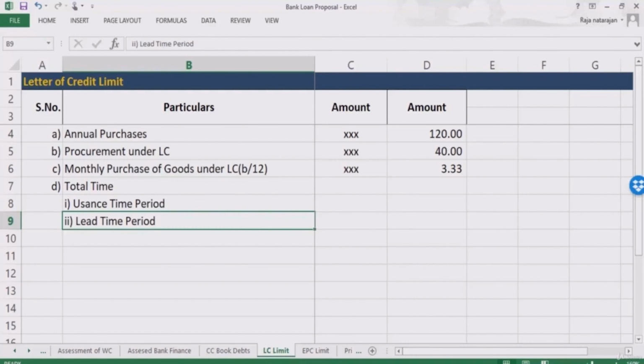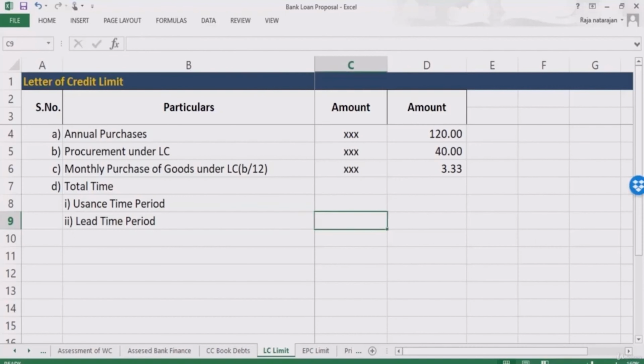Let's say the bank's customer has placed an order with the supplier and the supplier is going to take 21 days for executing that order. So that's the lead time period. And usance time period is the credit period which he gives. Let's say, for example, if a customer makes an order today, the supplier will take 15 days to manufacture those goods, and the supplier is also giving 45 days credit.